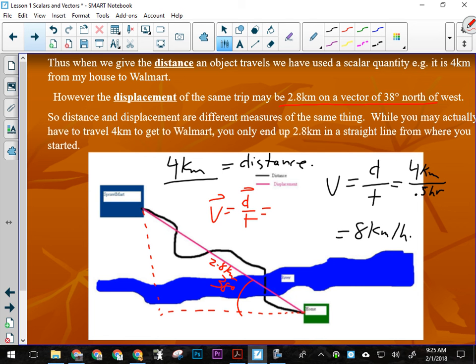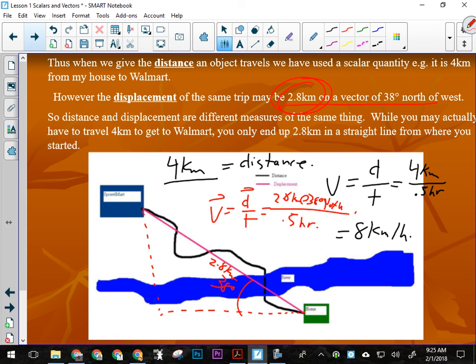Now, the question told us that my displacement is 2.8 kilometers at 38 degrees north of west. So I'm going to go 2.8 kilometers at 38 degrees north of west and divide that by half an hour. I'm just going displacement divided by time.